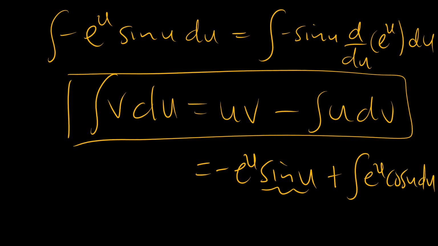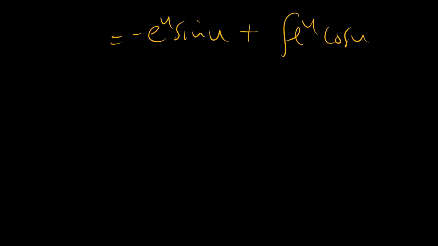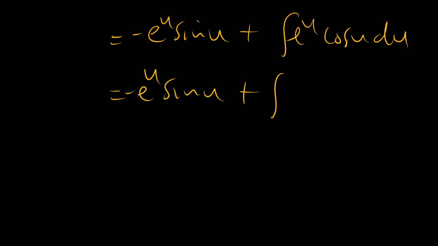Okay, so as we continue, we have negative e to the u sine of u plus e to the u cosine of u, and we can still say we have cosine u and then the derivative of e to the u.